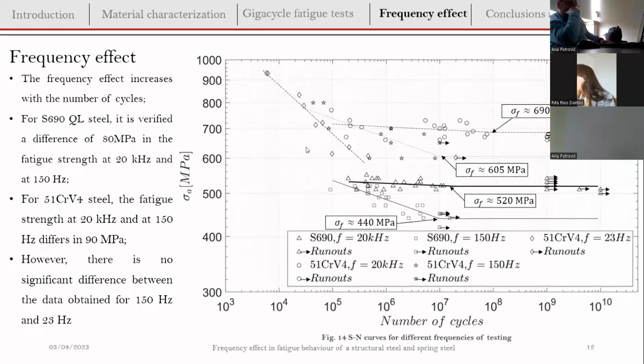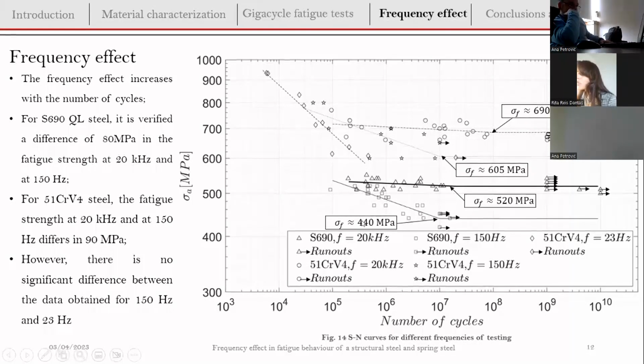For the spring steel, we were able to study 3 different testing frequencies, and as you can see, the main difference is between this 150 hertz and the 20 kilohertz. So the frequency effect is significant at ultrasonic testing frequencies, and besides that, one thing that we can see in both materials is that the frequency effect increases with the number of cycles.